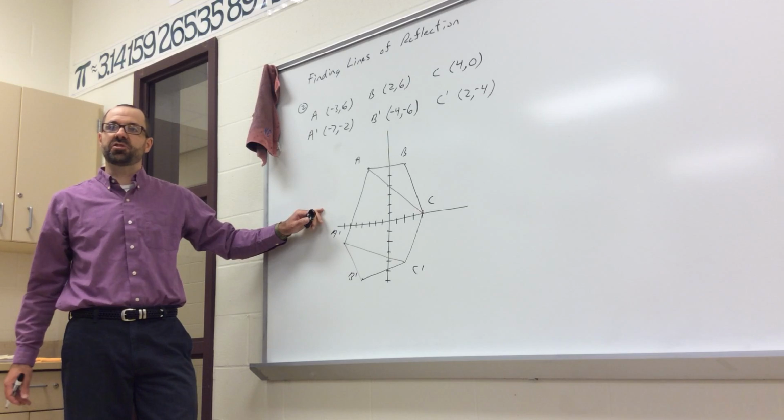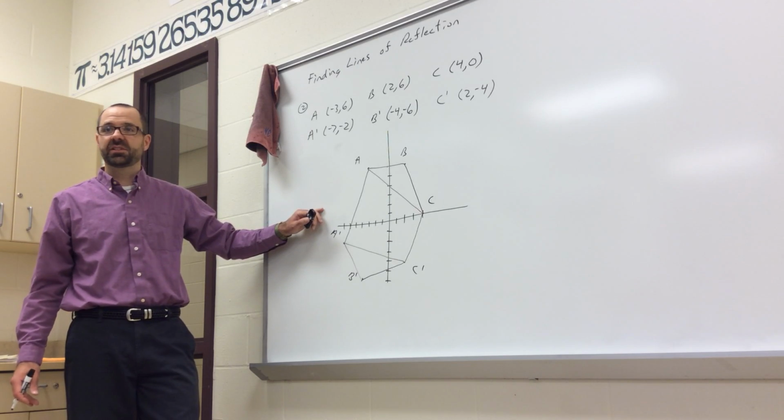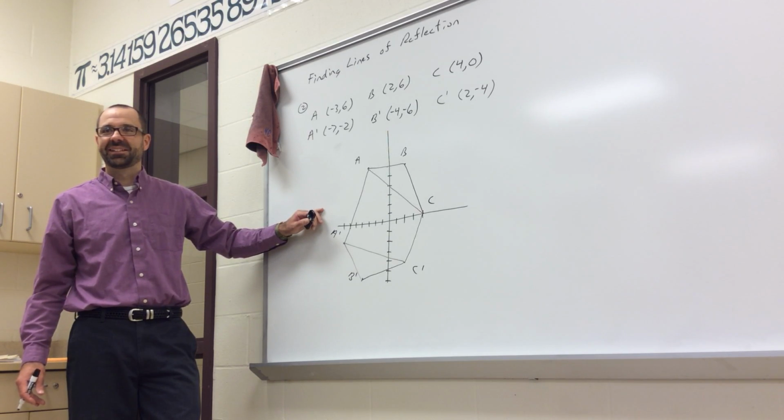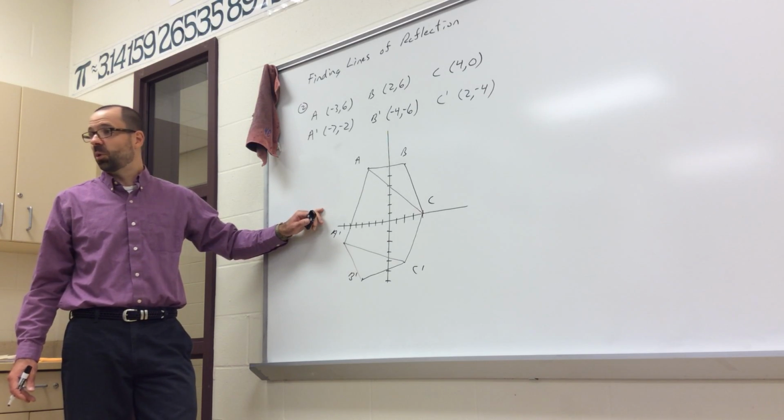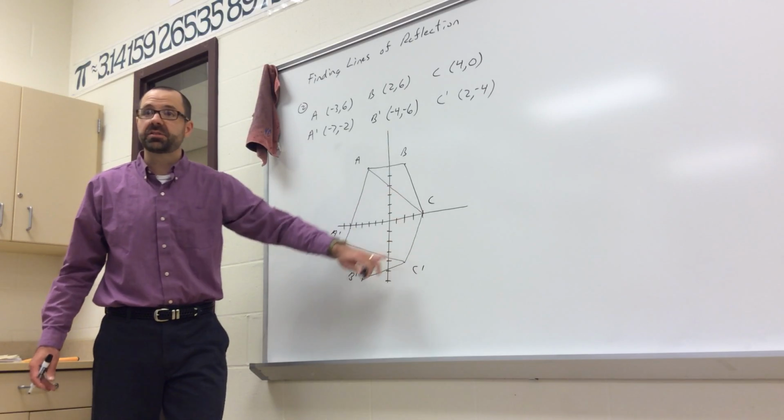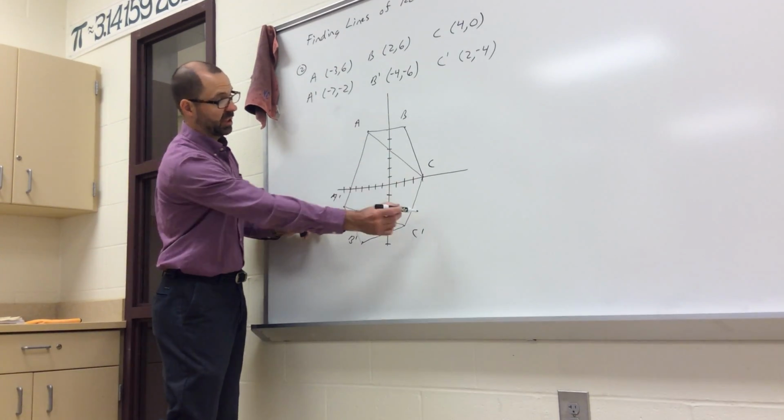All right, so if you're not sure, you can do some research. Nice work, Charlie. So the question on the table is, what do we know about connector lines and reflection lines?